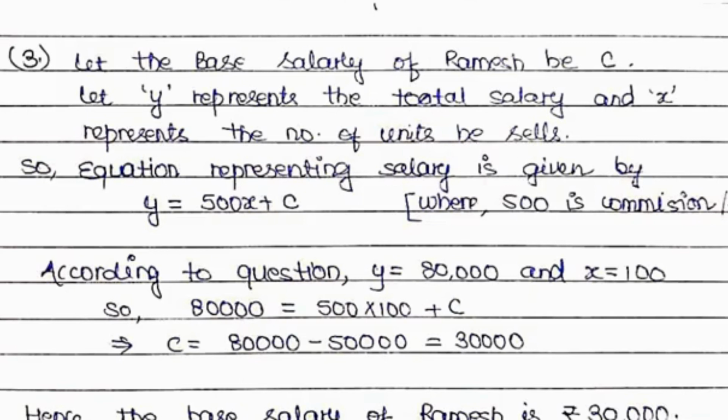According to the question, Y equals to 80,000 and X equals to 100. So 80,000 equals to 500 into 100 plus C. C equals to 30,000. So in this manner, the base monthly salary of Ramesh is equal to 30,000.